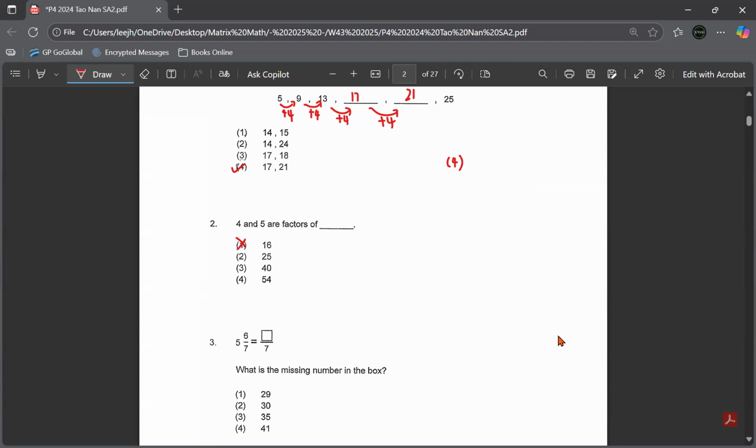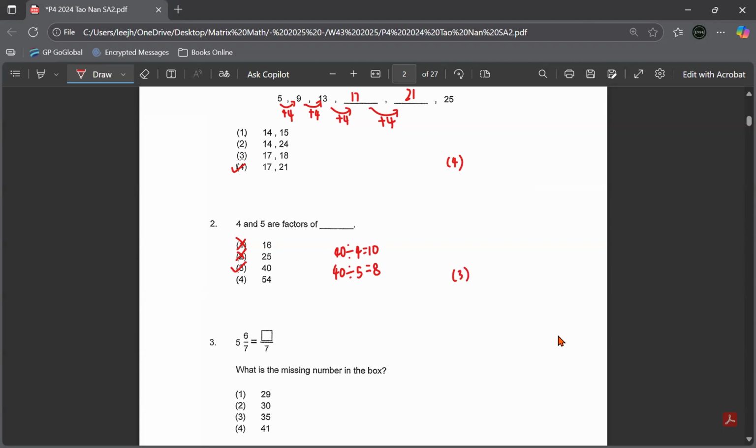The number must be able to be divided by 4 and 5. So 25 cannot be divided by 4, but it can be divided by 5. So 25 is out as well. So 40, yes, 40 can be divided by 4, and 40 also can be divided by 5. So 40 divided by 4 is 10. But 40 divided by 5 is 8. So your answer is number 3.